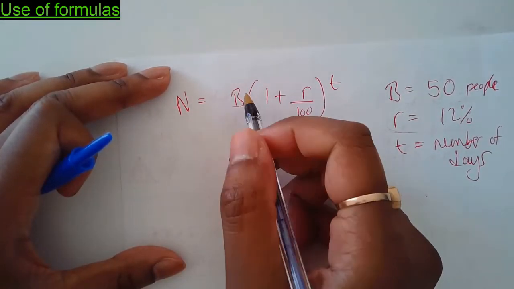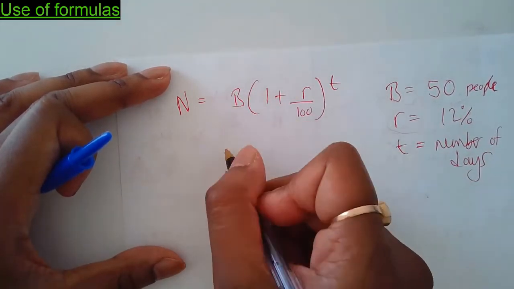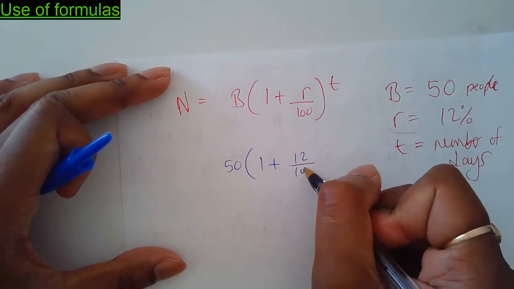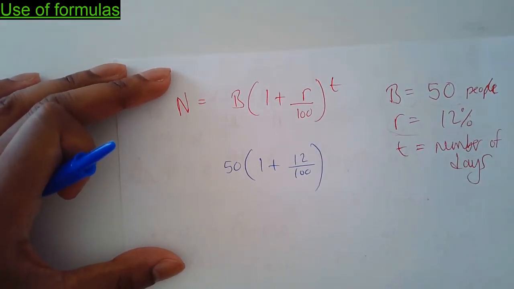So what we do is replace these numbers in the formula. B is 50, rate of infection is 12%. We want to know how many people will get infected after 4 days.